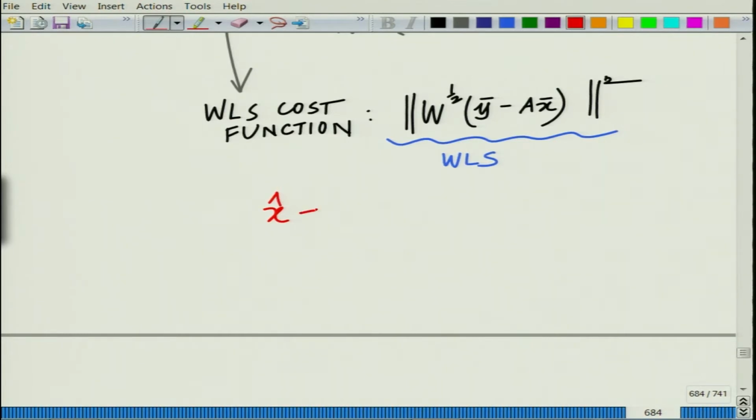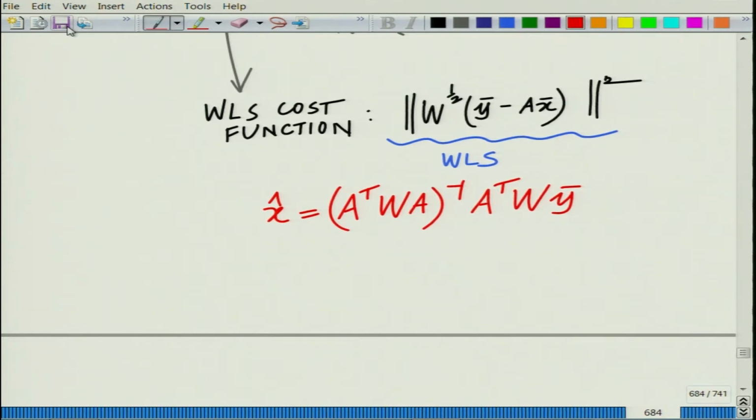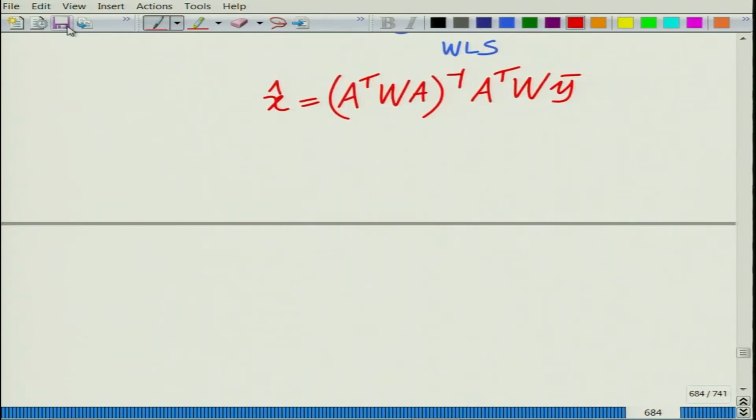You have x hat equals (A transpose W A) inverse A transpose W y bar. And now, so this is our least squares estimate.